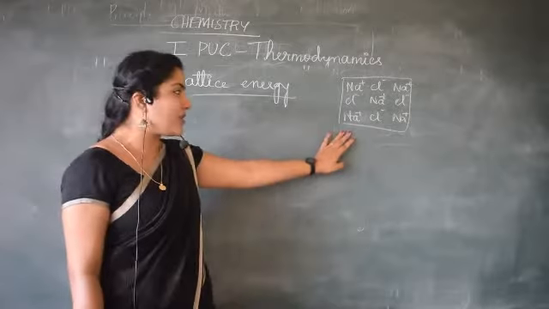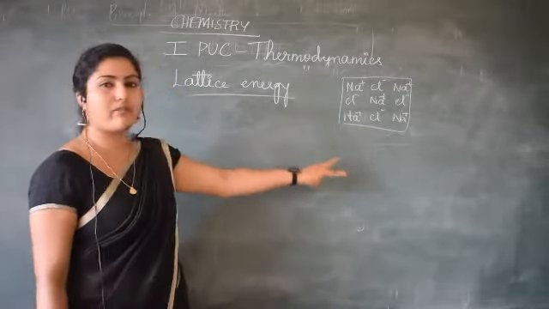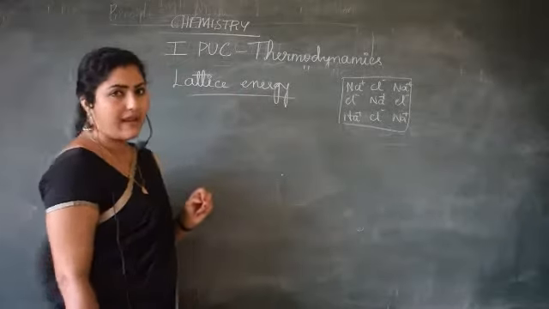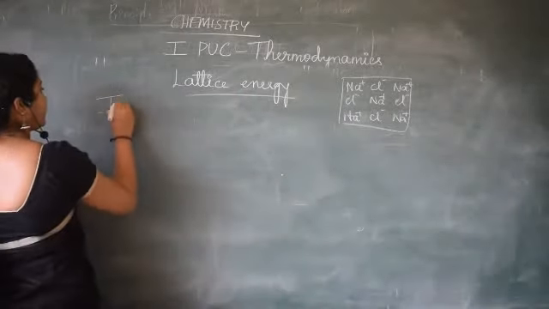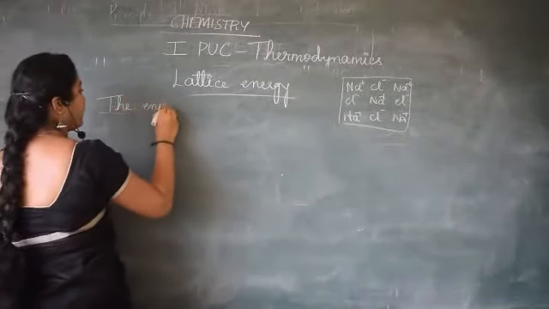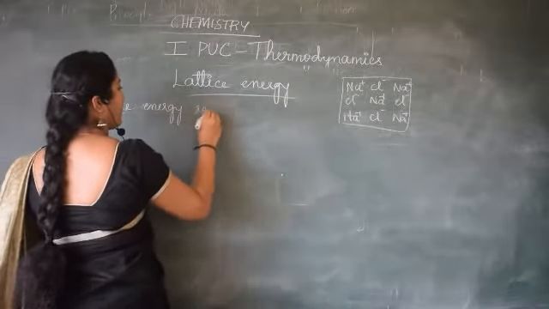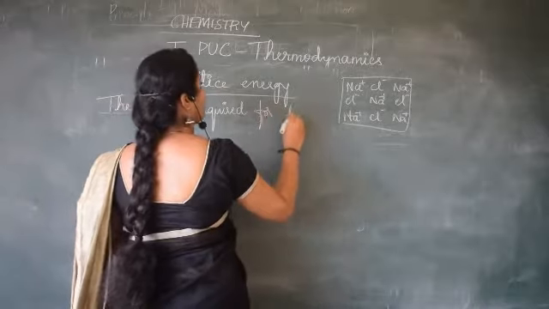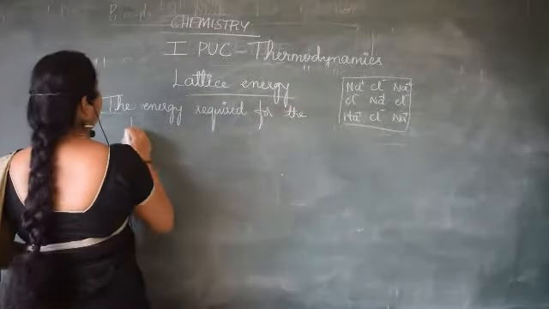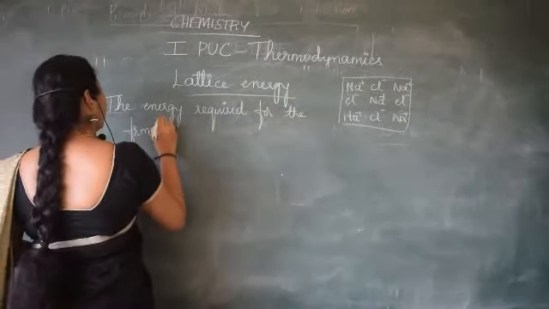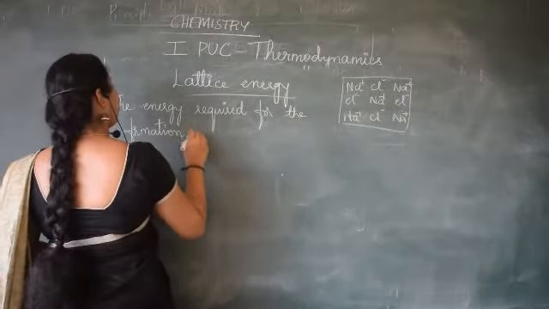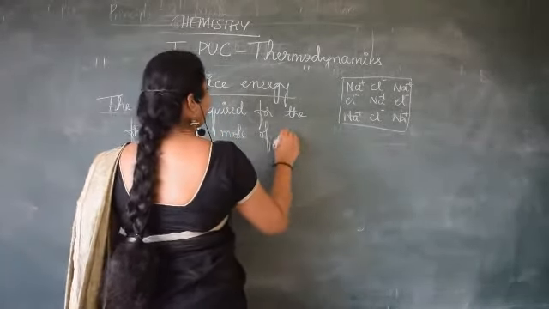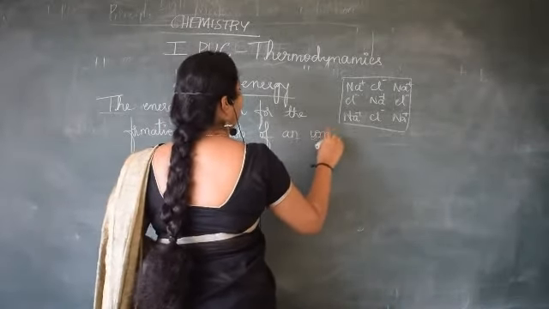From its gaseous ions, the energy required for the formation of 1 mole of ionic compound is called its lattice energy. So how can you define it? The energy required for the formation of 1 mole of an ionic compound.